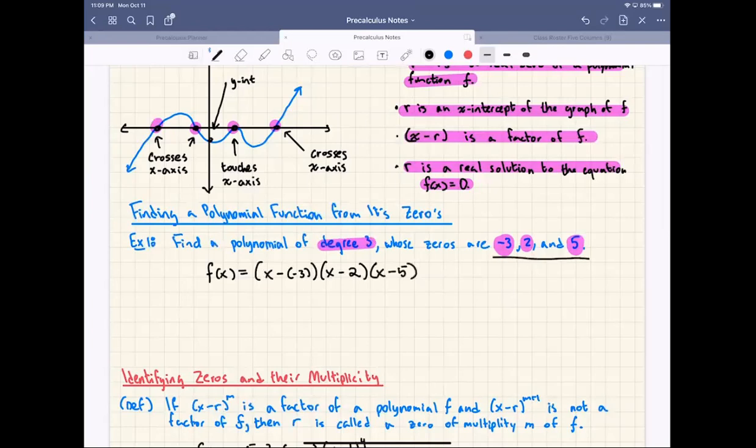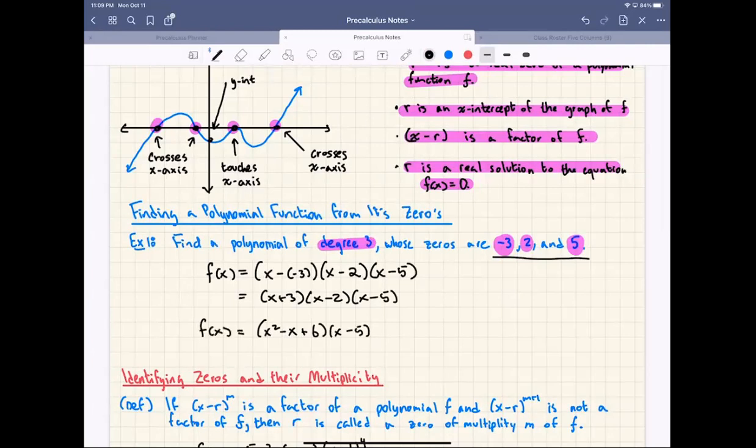So this ends up being x plus 3 times x minus 2 times x minus 5, if you do everything correctly. Now we do want to find the whole thing, so you're going to do a little bit of multiplication, right? So x plus 3 times x minus 2 is going to be x squared plus x minus 6, if you don't believe me, you're going to have to work that out yourself.